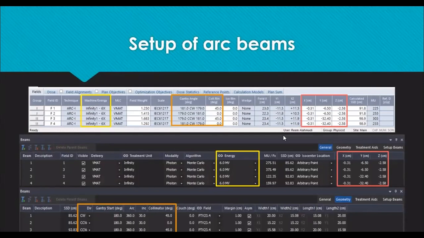We have 2 isocenters. Every isocenter contains 2 arcs with different collimator angles of 45 and 0.